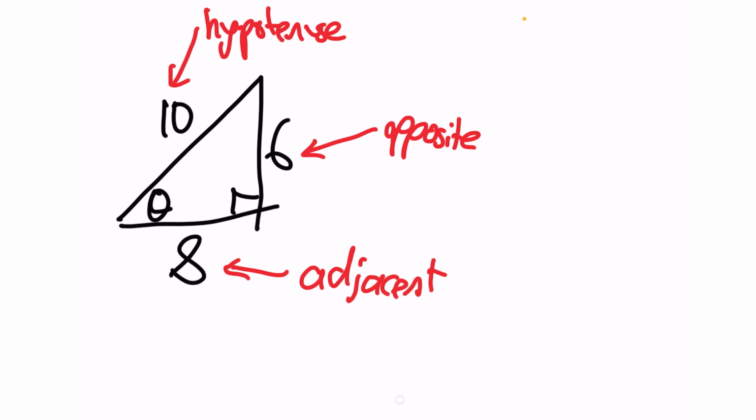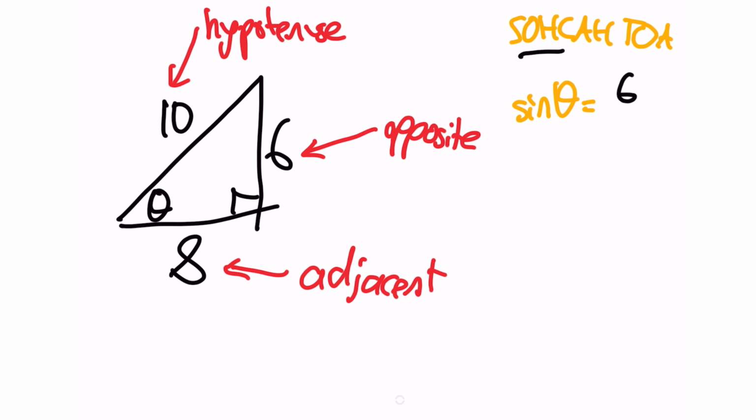Now, as we said before, our little acronym is SOHCAHTOA. So what that really means is, if we want to know what sine theta is, well, sine theta will be equal to the opposite over the hypotenuse. Now, in this case, the opposite is 6 over the hypotenuse, which is 10.